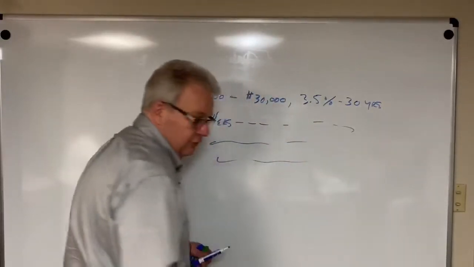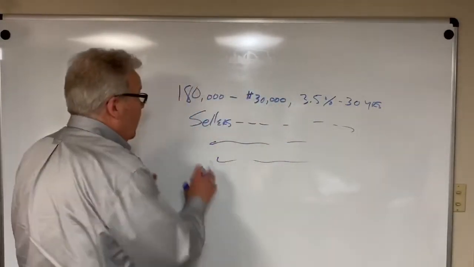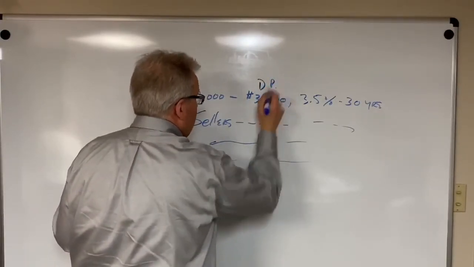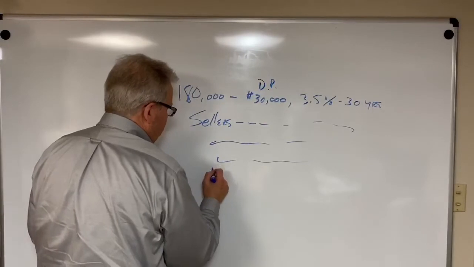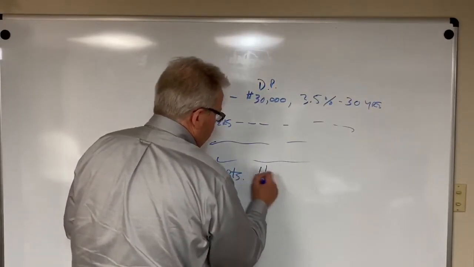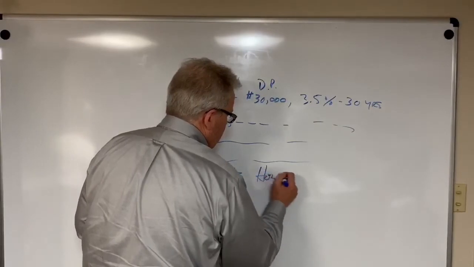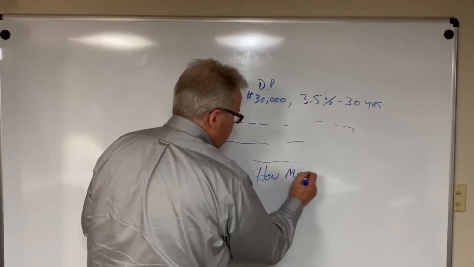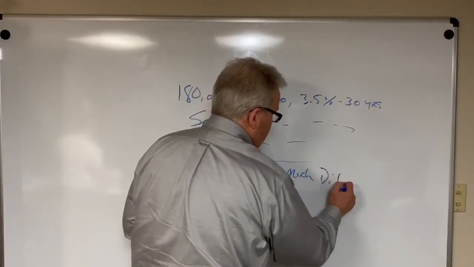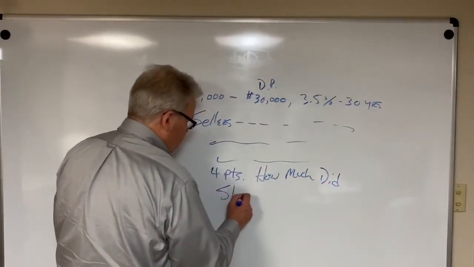They'll give you a question like this, and they'll say she put $30,000 as a down payment, right? And they'll say she paid 4 points. How much did she pay in discount points?